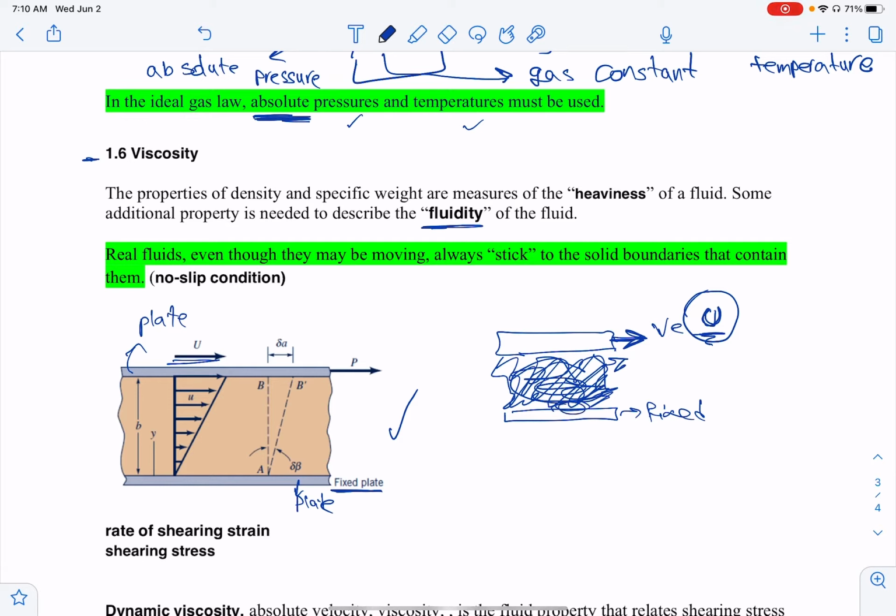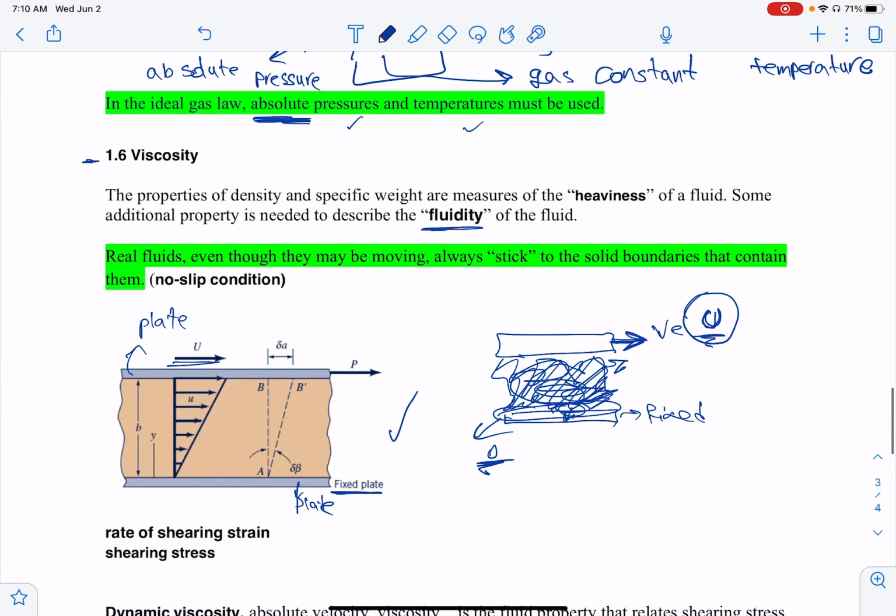And the fluid right here, which is attached to the fixed plate, has a velocity of 0, right? This is one important condition in fluid mechanics. It means that real fluids, even though they may be moving, always stick to the solid boundaries that contain them.